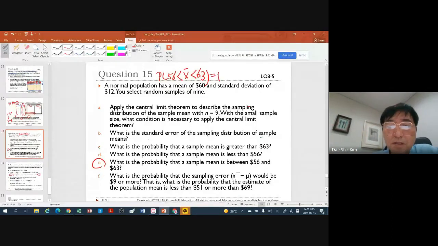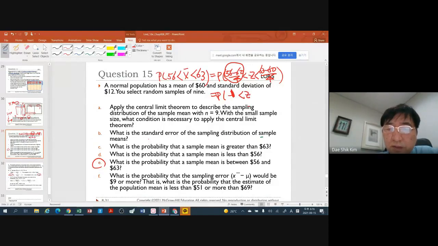Then P. You need to calculate Z inside. 63 minus 60 divided by 4. Here, 56 minus 60 divided by 4 is minus 1. The value on the right is 0.75.